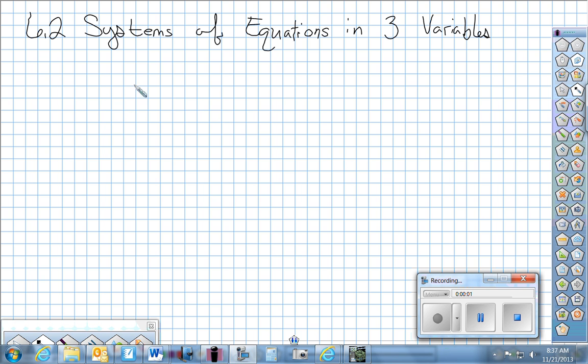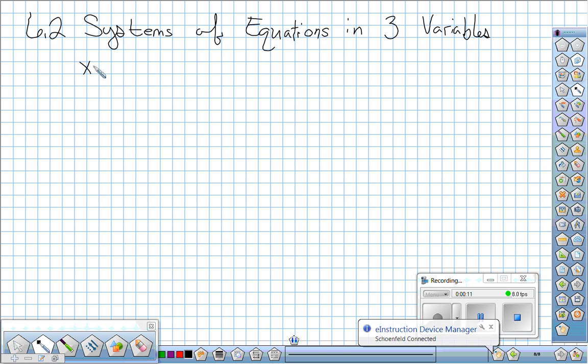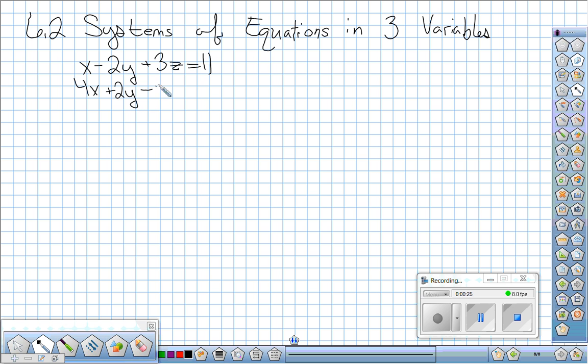Okay, this is 6-2, systems of equations in 3 variables. One type of equation that we might be given would be maybe x minus 2y plus 3z equals 11, and 4x plus 2y minus 3z equals 4.